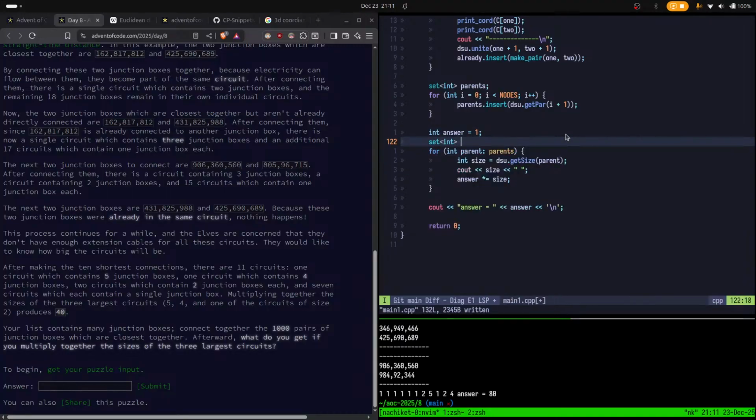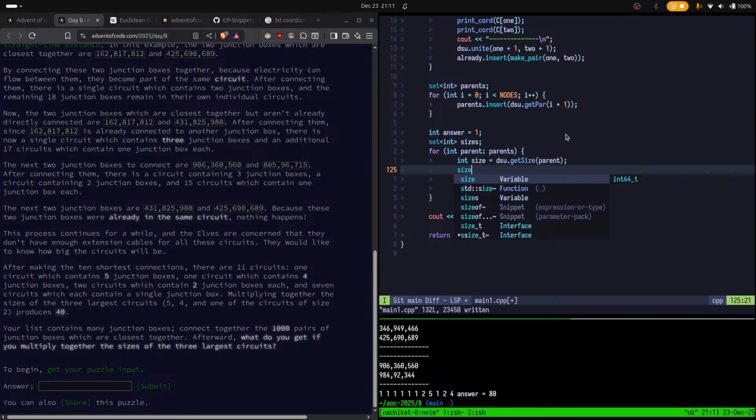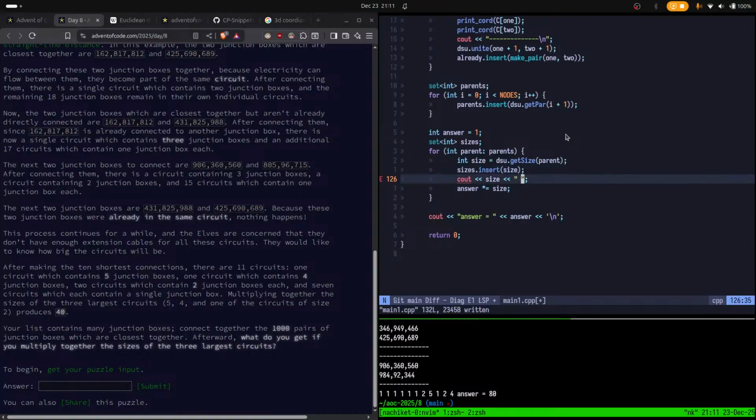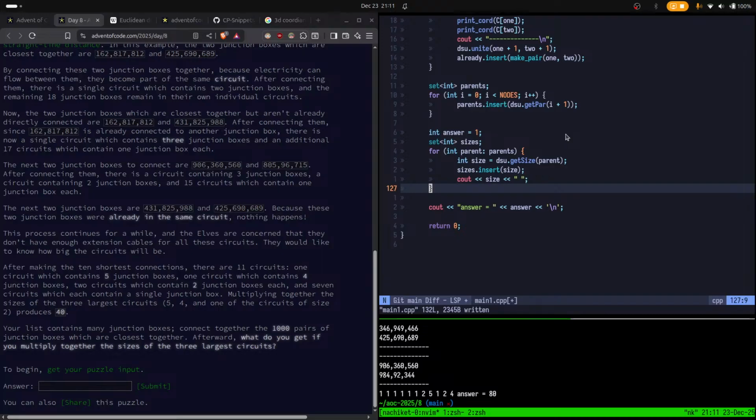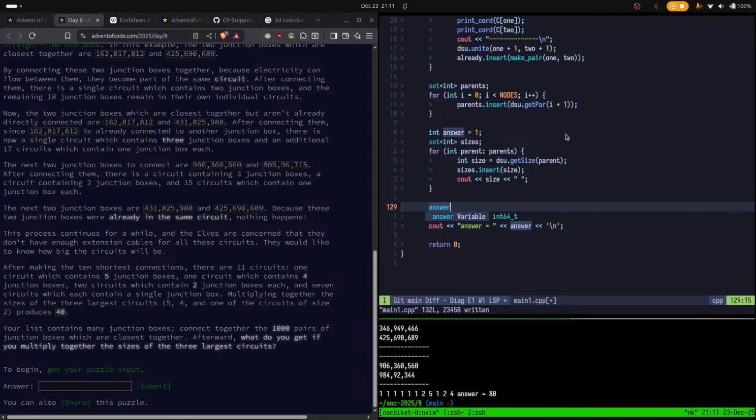Let's get them in a set. Sizes, sizes, dot. Answer. There is sizes.